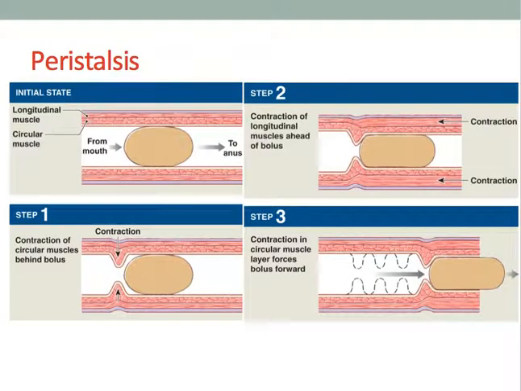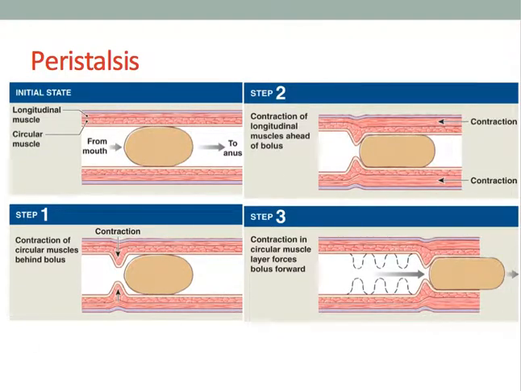So peristalsis is a really important and interesting movement. The easiest way to think of it is a wave-like movement of the muscles, which helps move food down the digestive system. Along your esophagus, you have these longitudinal muscles and also these circular muscles. The circular muscles contract, which means tighten, behind the bolus.